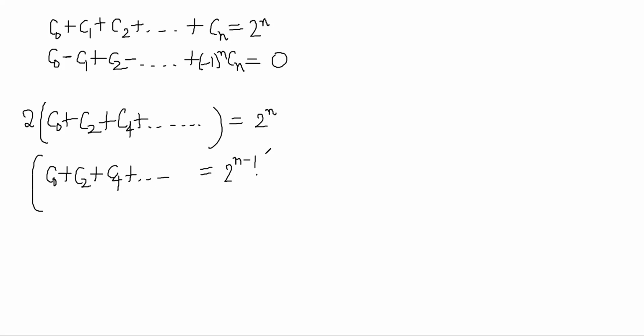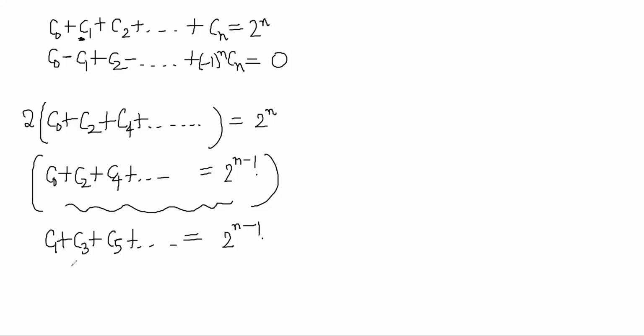And if that much was equal to 2 power n, then the remainder should also be equal to 2 power n minus 1. So you also have C1 plus C3 plus C5 and so on equal to 2 power n minus 1, correct? Why is the odd sum also equal?